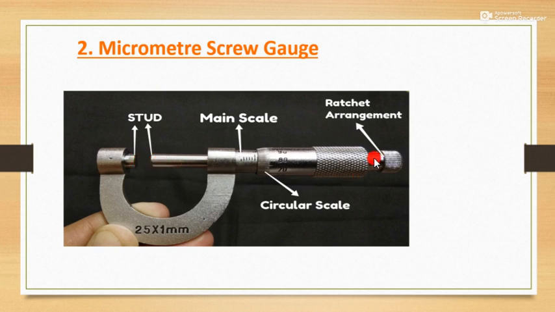We adjust the ratchet to close these parts so the object is fixed between them. Now take readings with the help of the main scale and circle scale. Let's start on how to use the main scale and circle scale readings.